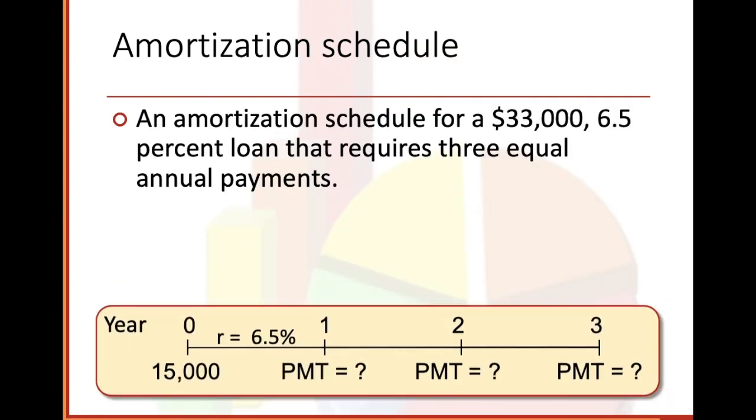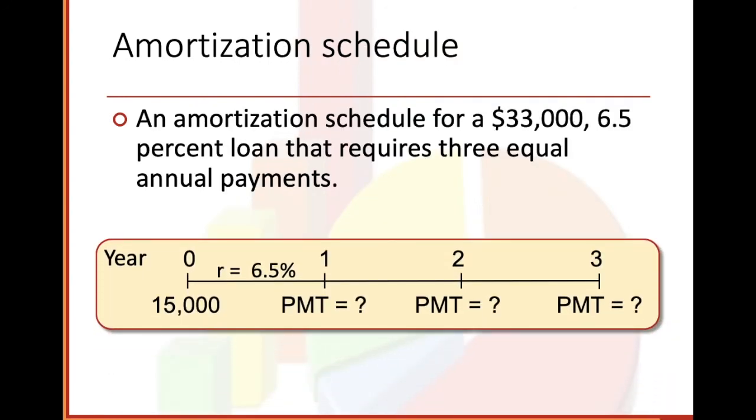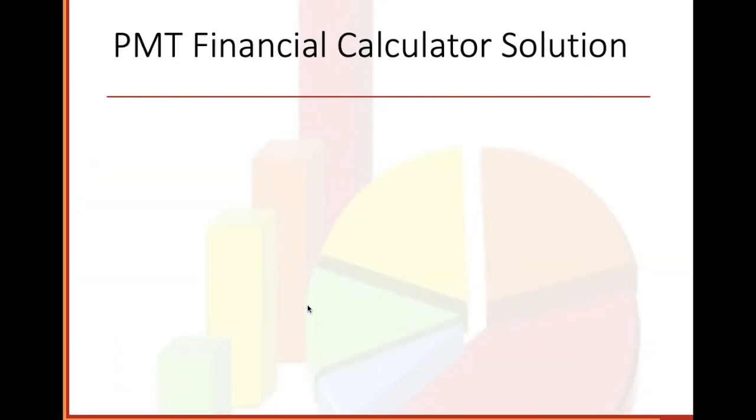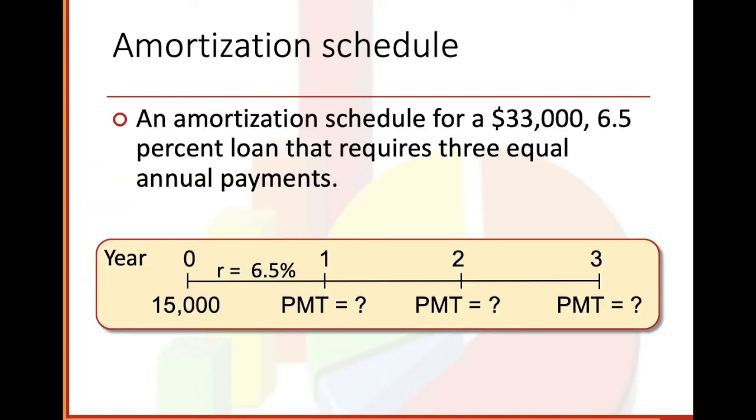Amortization schedule for a $33,000, 6.5% loan that requires 3 equal annual payments. Okay, so we're trying to calculate how much our equal payments are going to be.